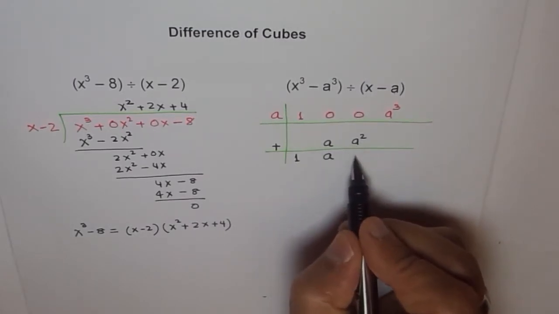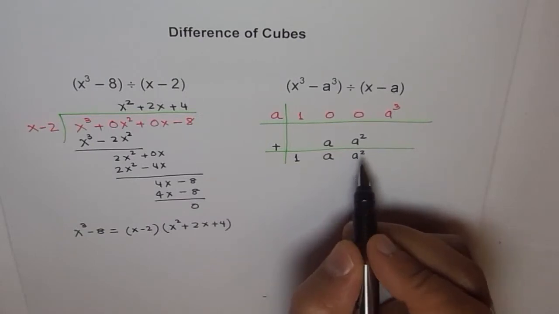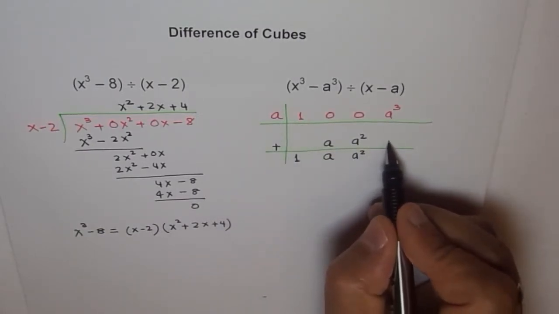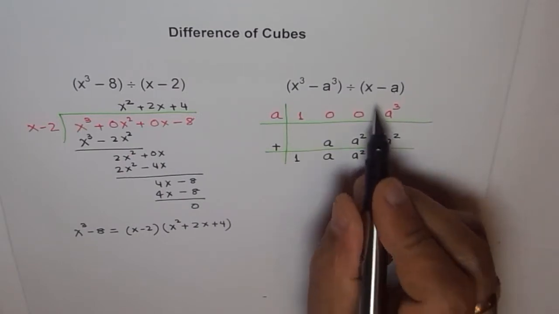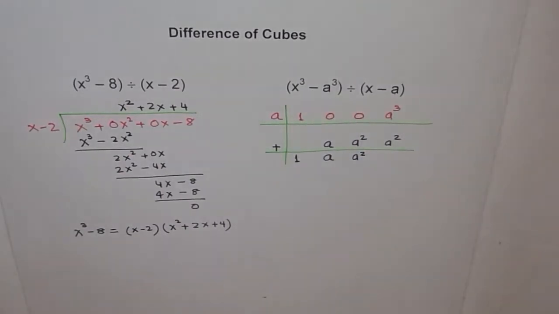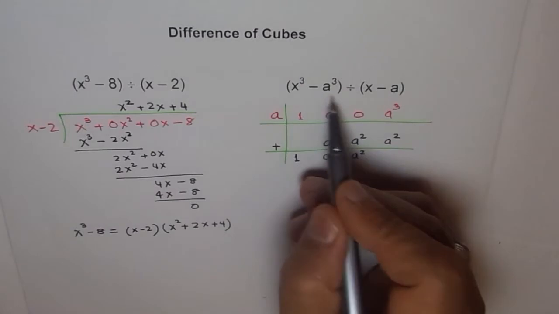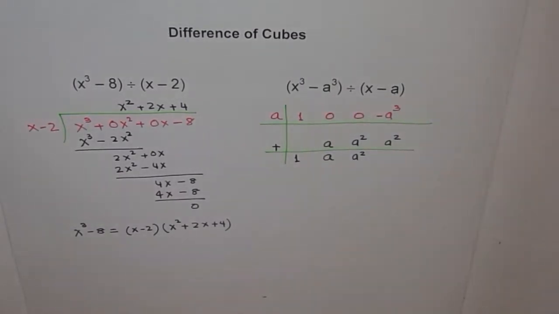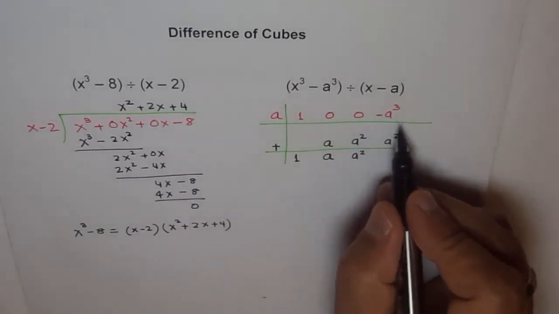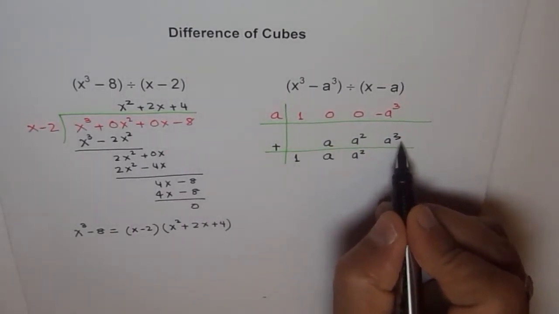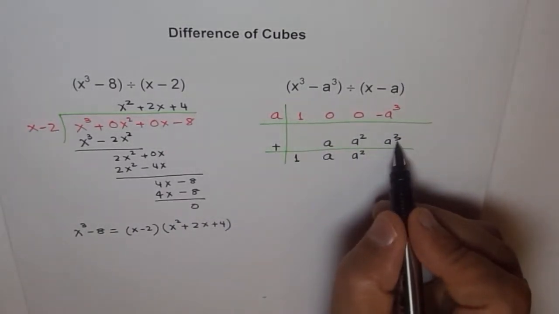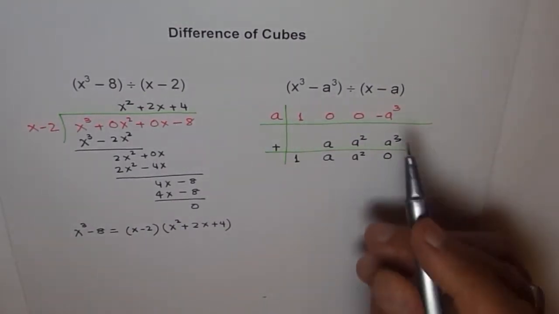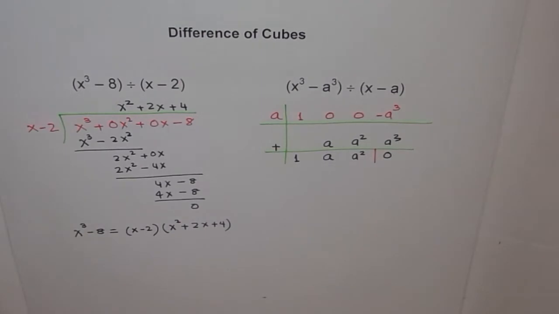Add them, we get a squared. Next step, again repeat, a times a squared is a cubed. Well, this is minus a cubed. I forgot to write minus. So it is minus a cubed. Okay. Now, when I add this minus a cubed and a cubed, I get 0. Since I get 0, this is a factor, correct? So the remainder is 0, correct?